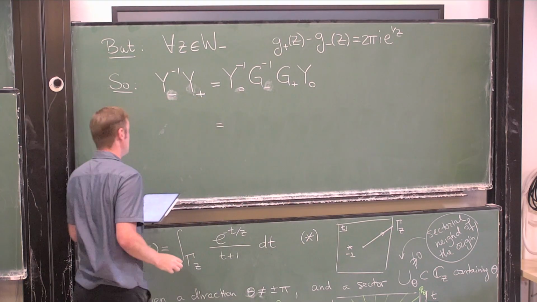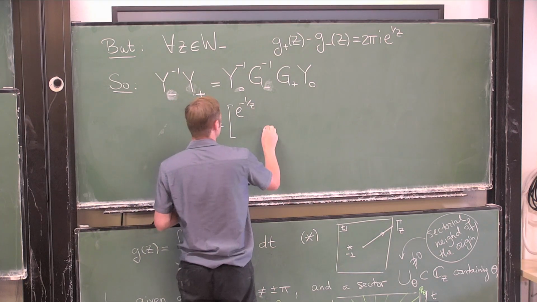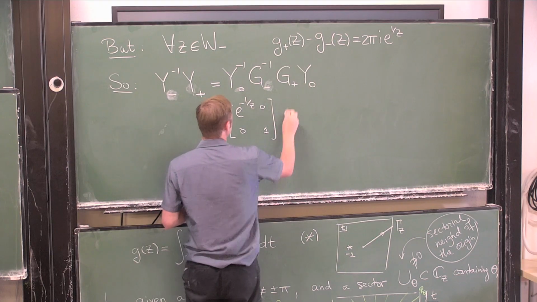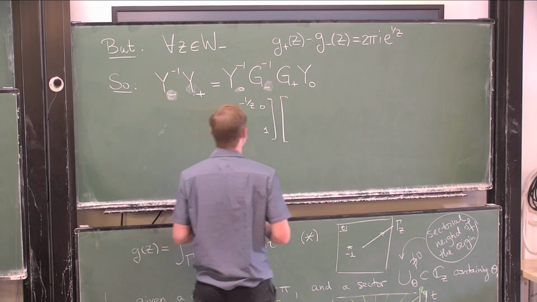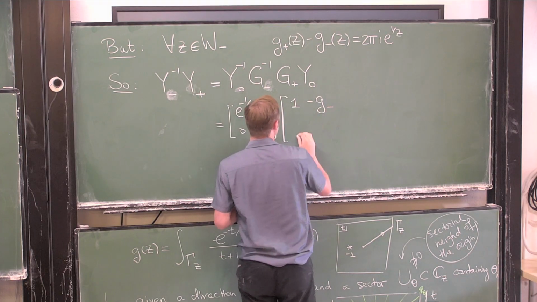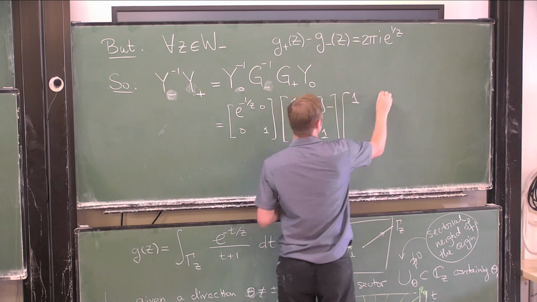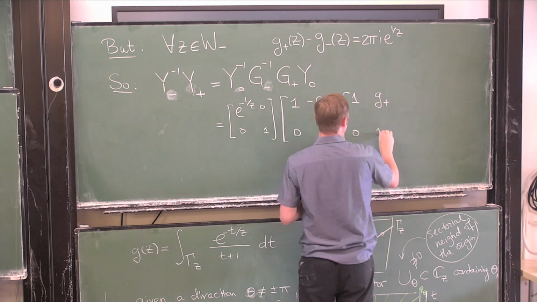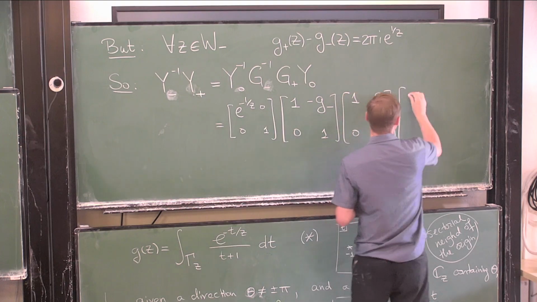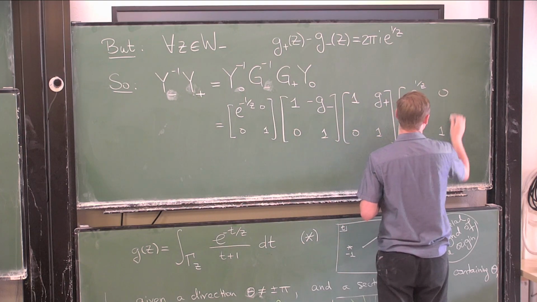So this thing is e to the minus 1 over z, 1, 0, 0, minus G minus, 0, 1, 1, G plus, and then finally e to the 1 over z, 0, 0, 1.